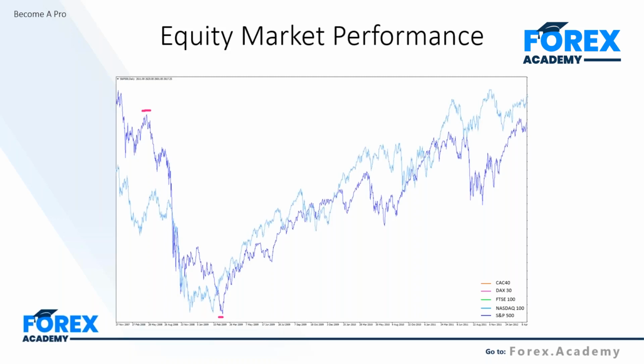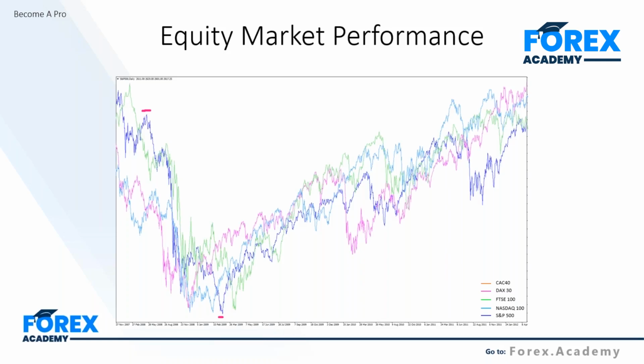Then we have, of course, the FTSE 100, a totally different market across the Atlantic, but you can see the sharp decline in share prices of those constituent companies within the FTSE 100, given they do a strong level of business with all of these US banks, and all of these sectors are intrinsically linked. We have the DAX again, which shows very similar price action, and again the CAC 40 in France, showing, albeit, a lot more volatility.